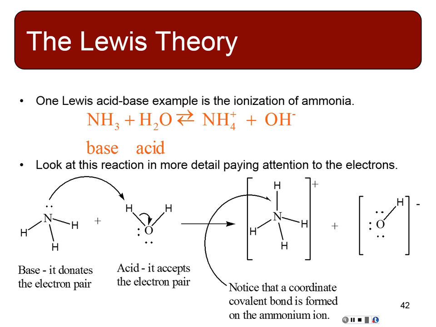Okay. Anybody remember how you can look at the periodic table and determine valence electrons? The group number? Okay. So what group is nitrogen in? 5. Okay. And what group is hydrogen in? 1.